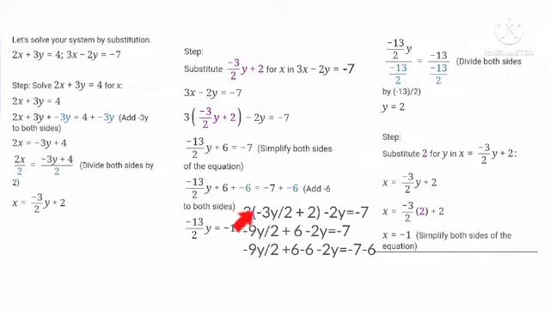Once we open this bracket, we're going to have negative 9y divided by 2, because 3 times negative 3y over 2 gives negative 9y over 2, and then 3 times 2 gives 6, minus 2y. Once you combine negative 9y over 2 minus 2y, that will give you negative 13y over 2. You see that?